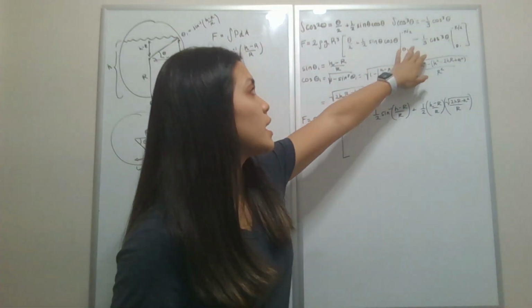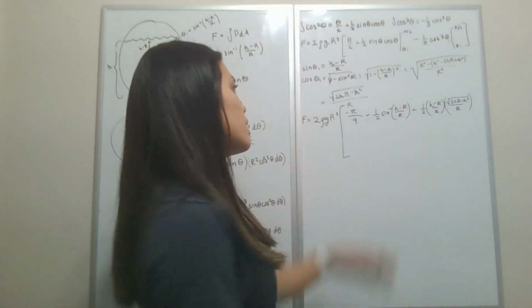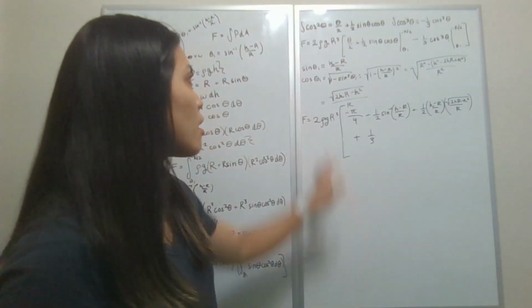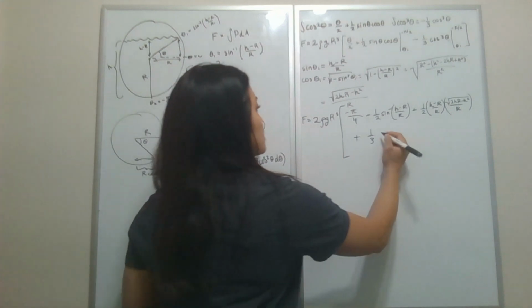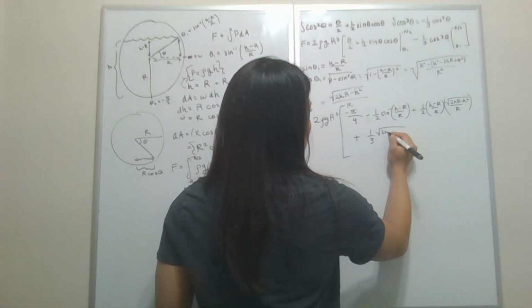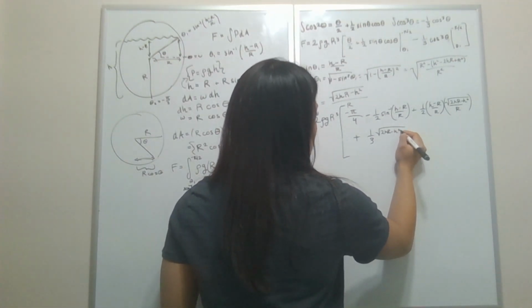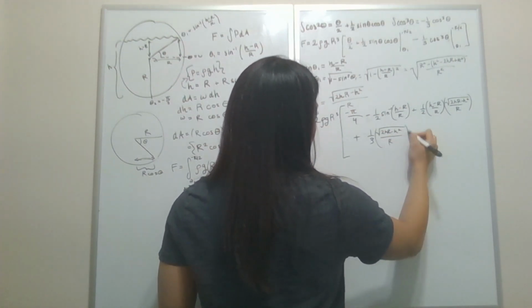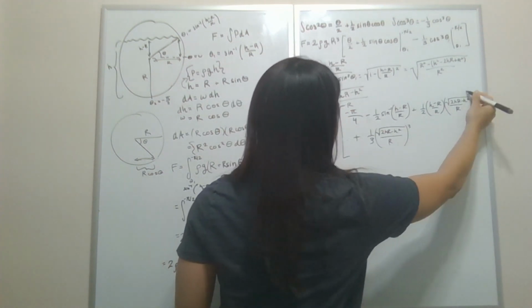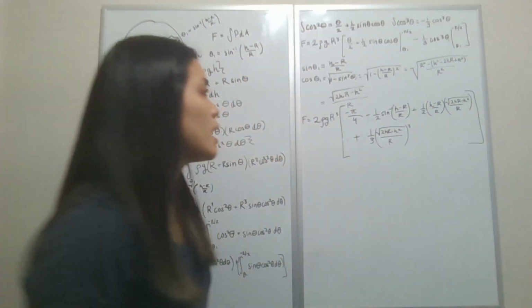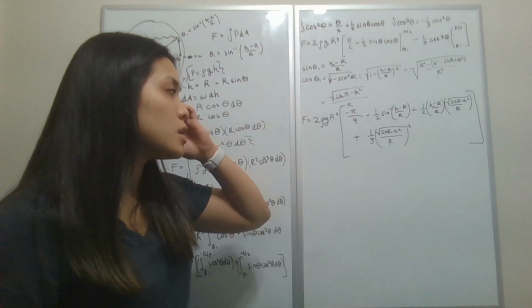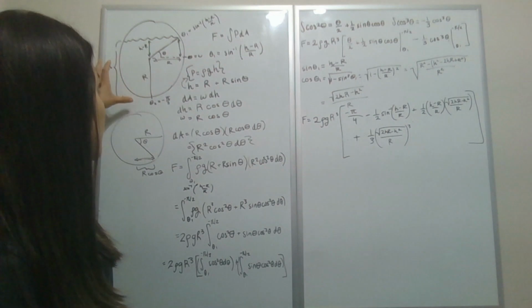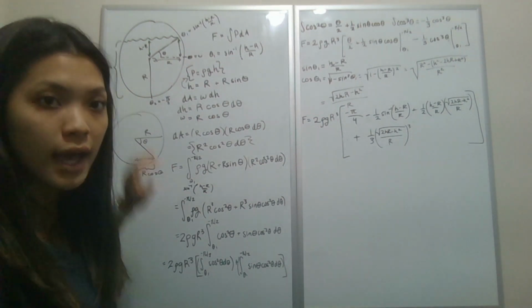And then we have negative, it'll be minus, so that will turn into positive, so add 1/3, plugging in our cosine of theta 1, which gives us the square root of 2 times the height times the radius minus the height squared, divided by the radius, cubed. And that is our final evaluation. So that is our total force formula for the force on a circular end of the cylinder.